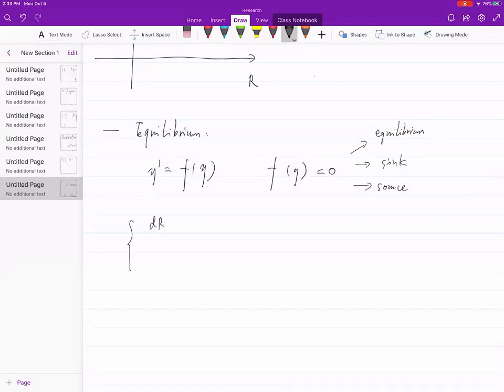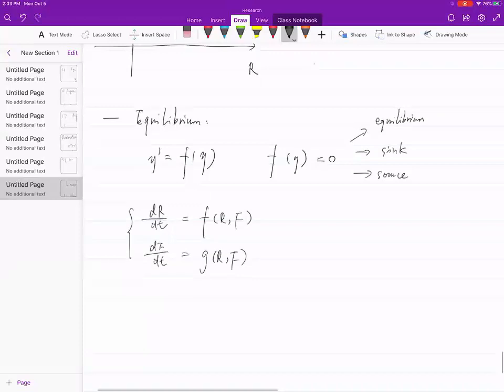Now what you have is dR over dt, dF over dt equals something. Okay. Can you do the same thing? Number 1, define something which is called autonomous, which has only something to do with R and F, but not t. Okay. And then go ahead and try to solve this equal to 0 and this equal to 0.